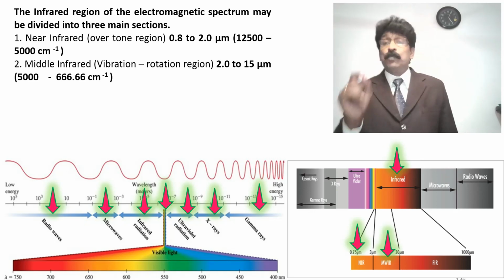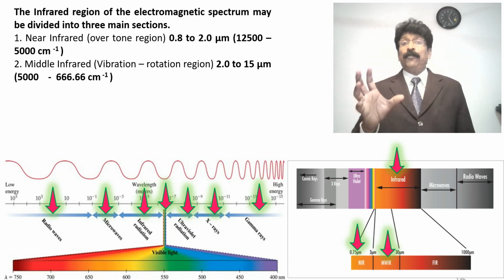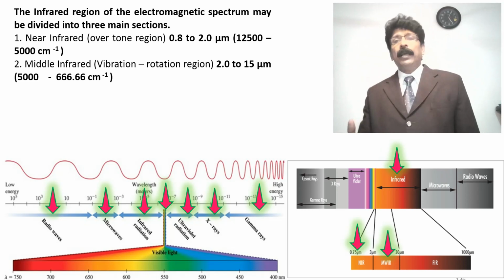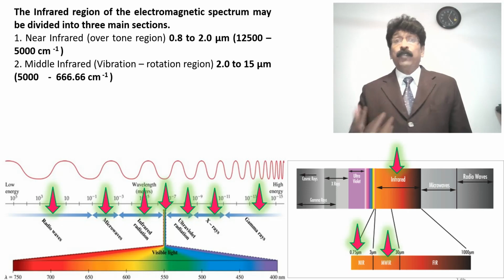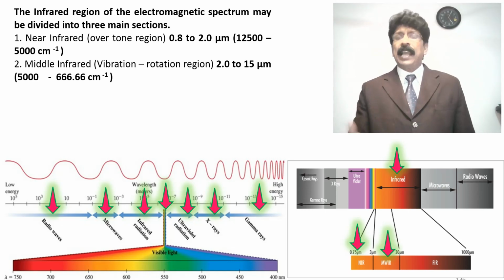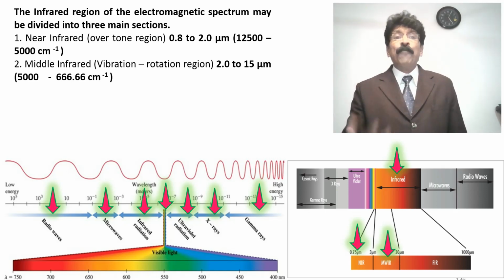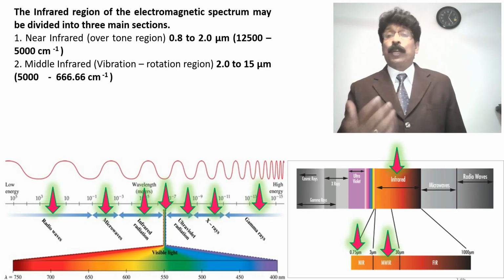It is mostly used for phytochemicals or medicinal compound structural investigation, and their vibrational rotational energy change can be obtained by this middle infrared vibrational rotational region.